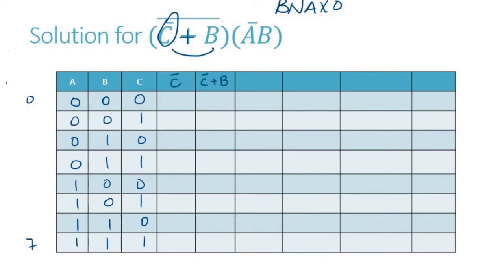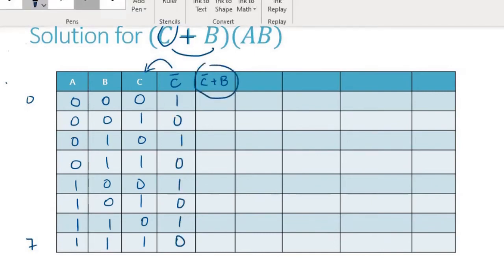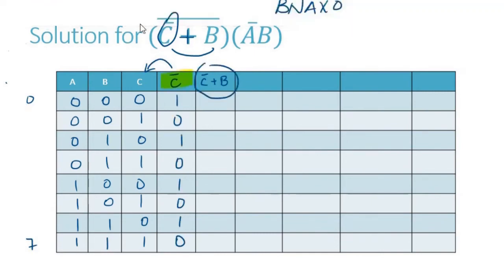Let's try those now. The negation of C is pretty straightforward. We simply look at the C column and flip each digit. Great. Now to determine not C or B, which columns do we need? I'm only interested in not C and B. What does OR mean? It means one or the other or both.